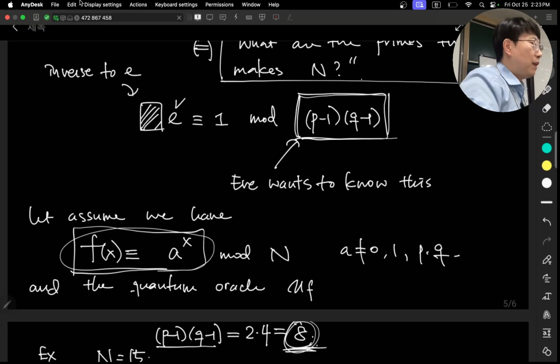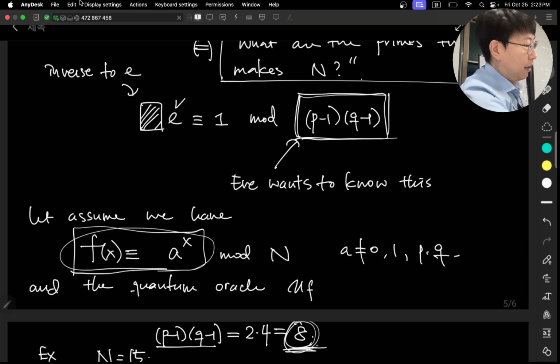What I mean by fake is that you need to know all the possible values of the function already to implement the oracle. But if you have all the information of this function, then you don't need to find the period because it's already there. You can just check from the beginning to see what the period is.